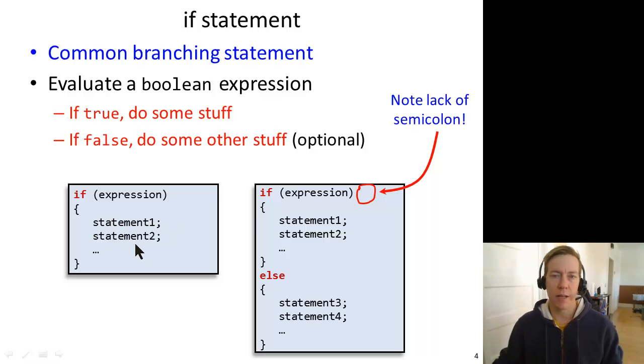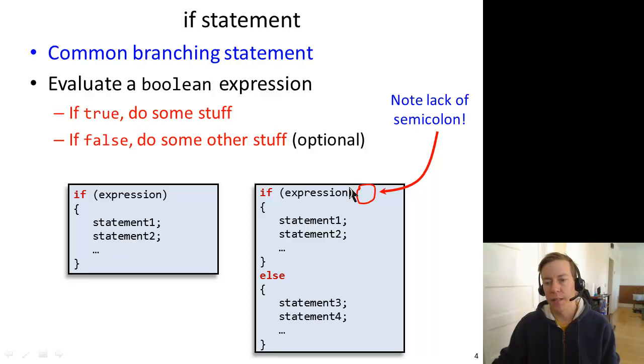I'm just using statement as a general placeholder for some kind of code. An expression is a placeholder for any kind of Boolean expression. You can put whatever you want in here. If this expression is true, statement 1 and statement 2 are executed. Otherwise, the flow of control is going to come to the if, and if that expression is false, it's going to skip right over that code block that's inside the curly braces.